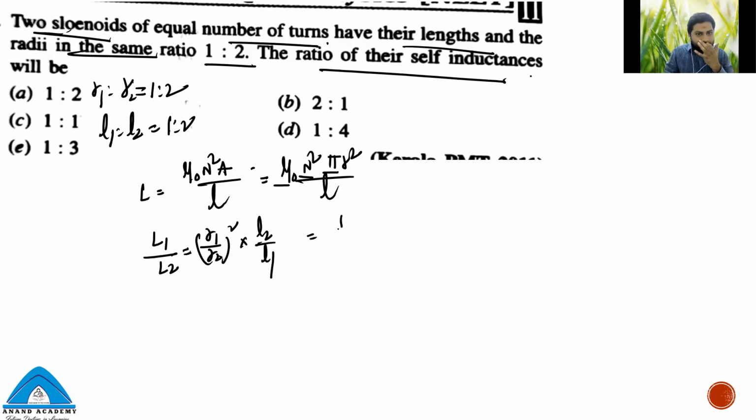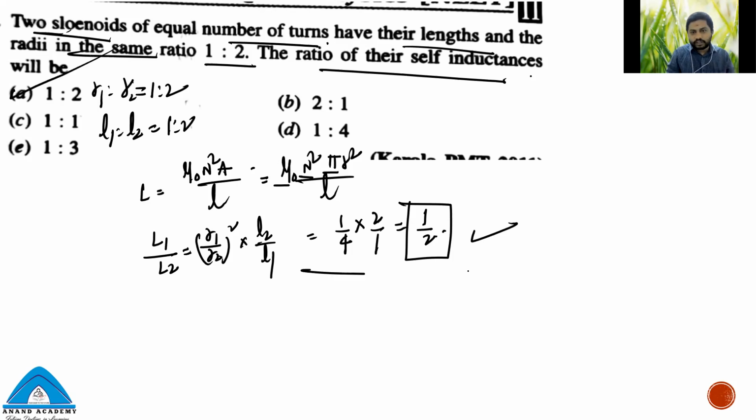R1 by R2 whole square is 1 by 4, into L2 by L1, which is 2 by 1. What is the answer? It's 1 by 2. Questions like these will be asked. Get ready for the questions. Let's move on to the next.